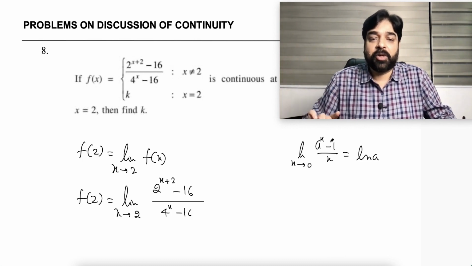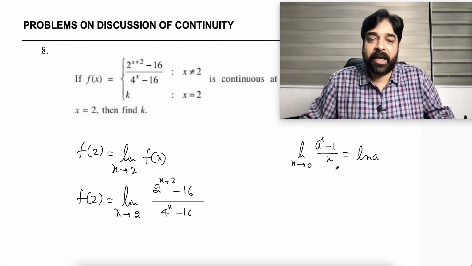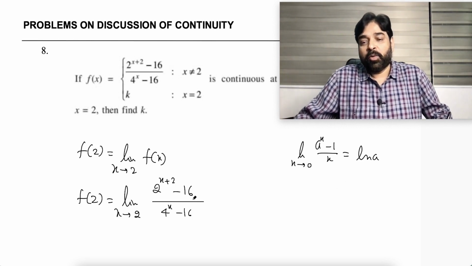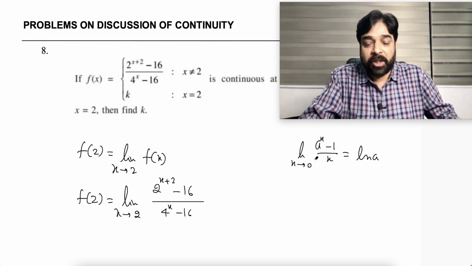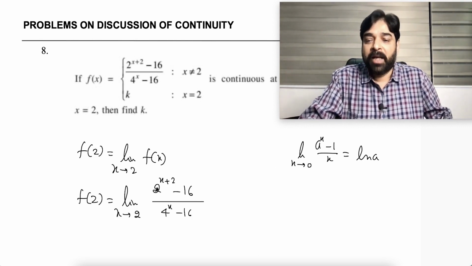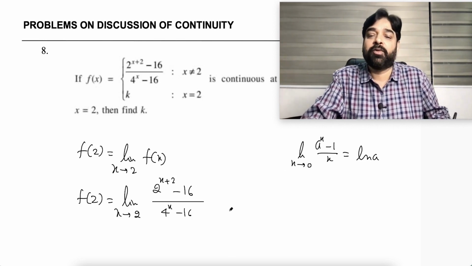Whenever x approaches 0, we can write (a power x minus 1) by x equal to ln a. So in this question, how can we make it? First thing is that I want the a power x minus 1 format. But x approaches 2, so this will not approach towards 0. I want it to approach towards 0, then only I can do the approximation.